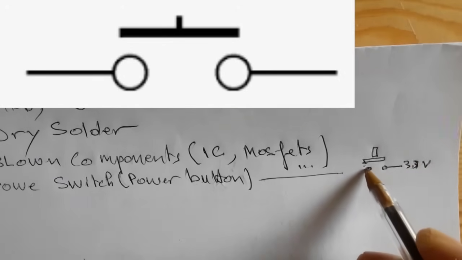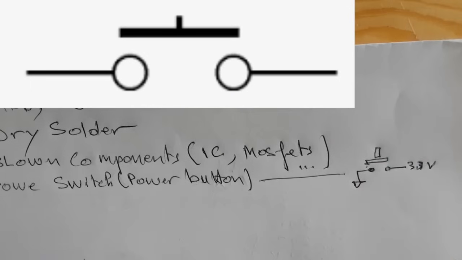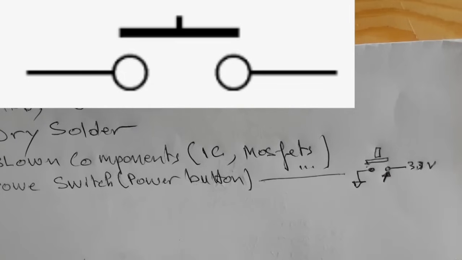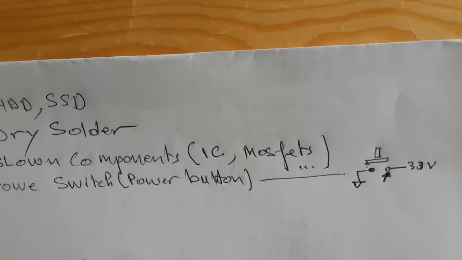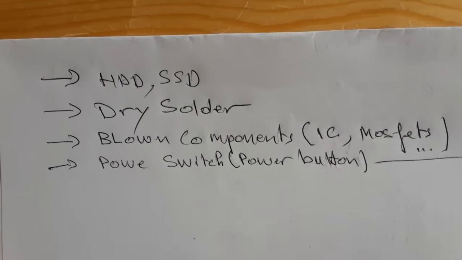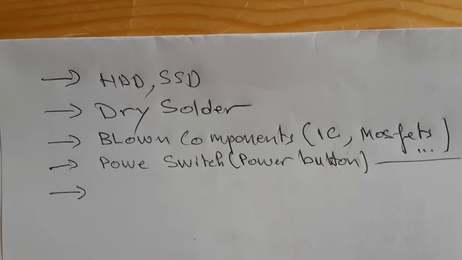So you should always check whether you have 3.3 volt in the power switch or not. The power switch has two terminals, one terminal connected to the ground and the other terminal to 3.3 volt. If you don't have 3.3 volt in the power switch, even if you press it, you will get no response.